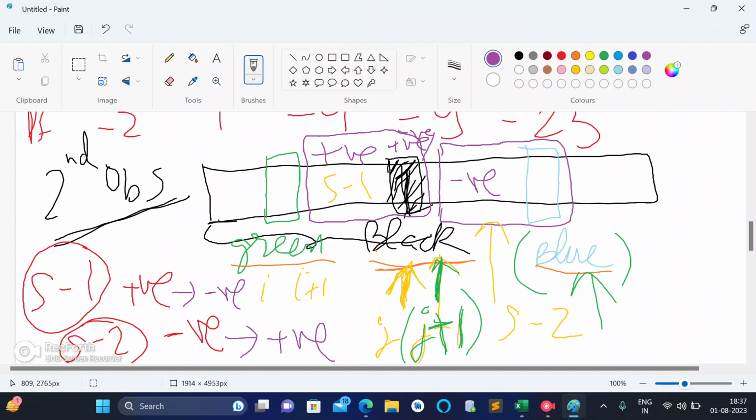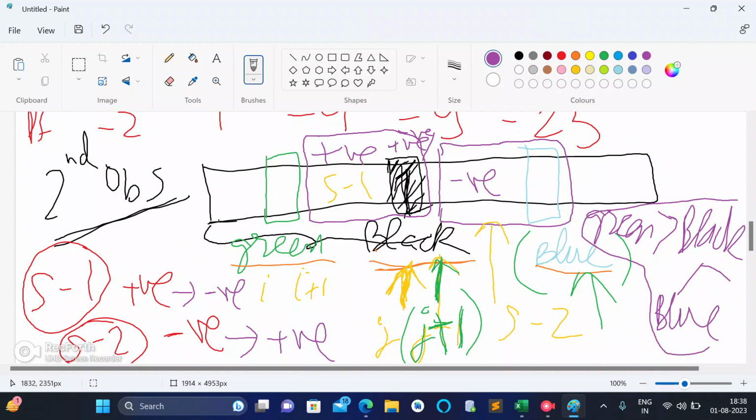And if I convert some negatives of section 2 into positives, then don't you think that my blue value becomes greater than black value? That is, green will become greater than black and black will become lesser than blue.